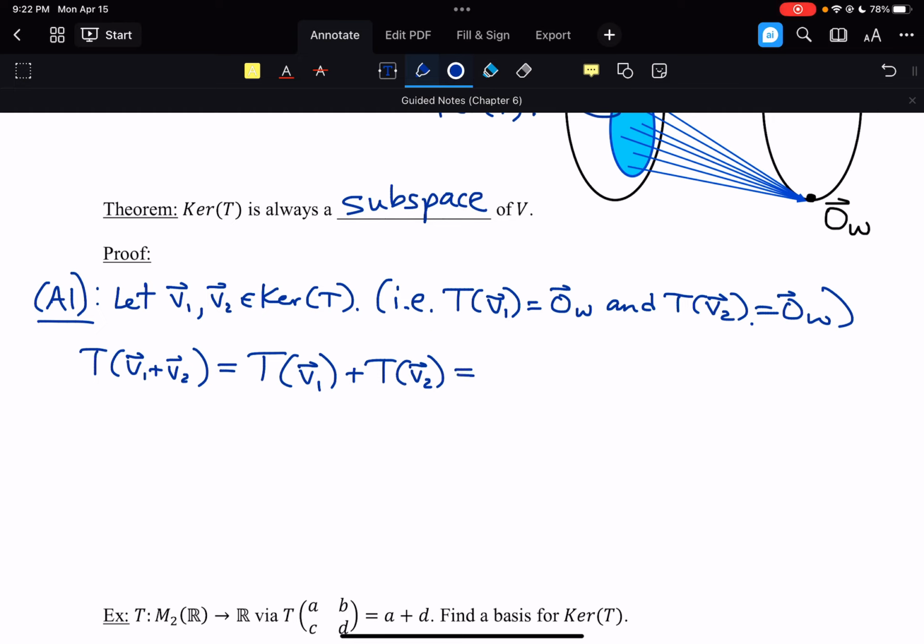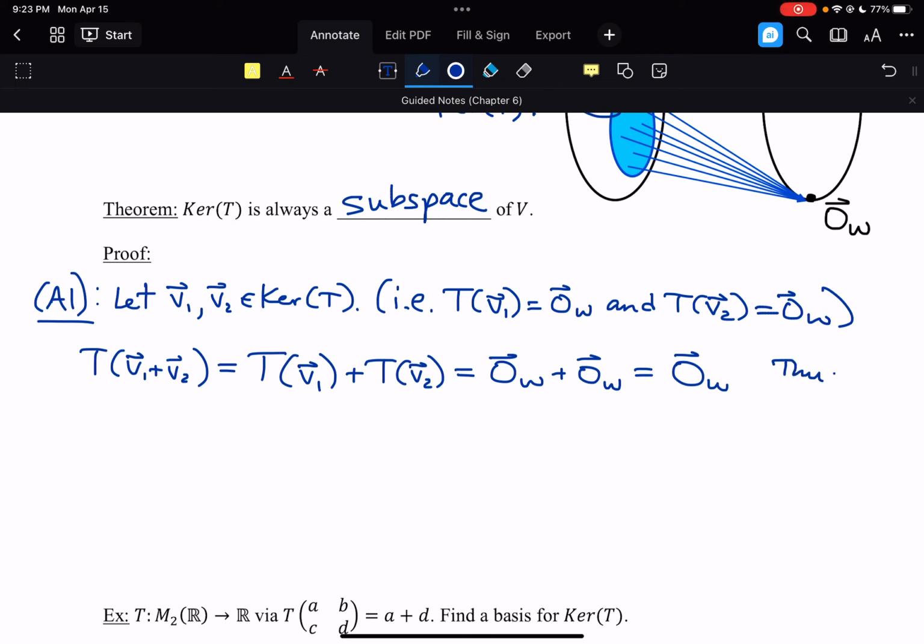And we know each of these adds up to the zero vector in W, which when added together gives us the zero vector in W. So we showed that given two vectors in the kernel, so they transformed to zero, the sum of them also transforms into zero, meaning that it is closed under addition.